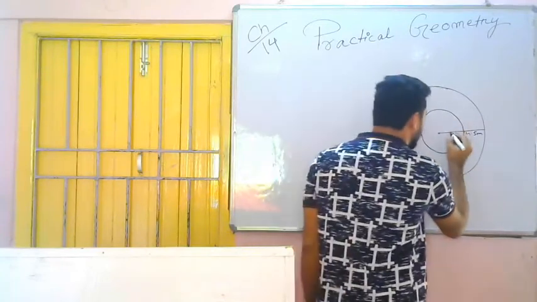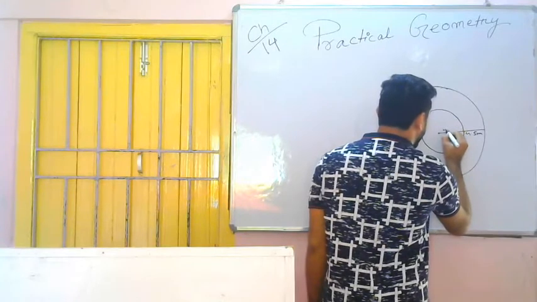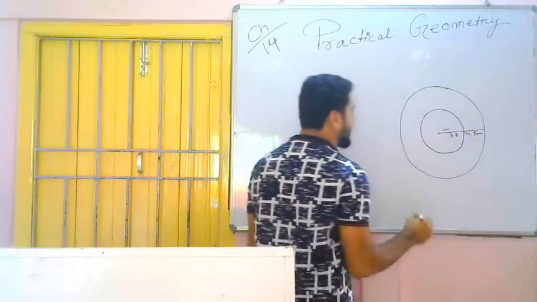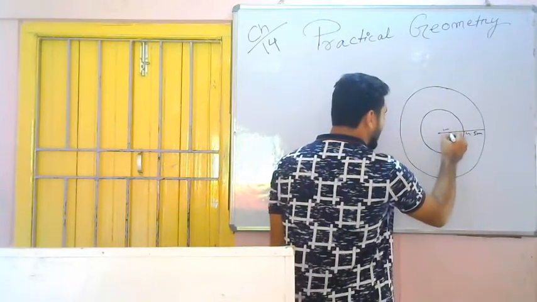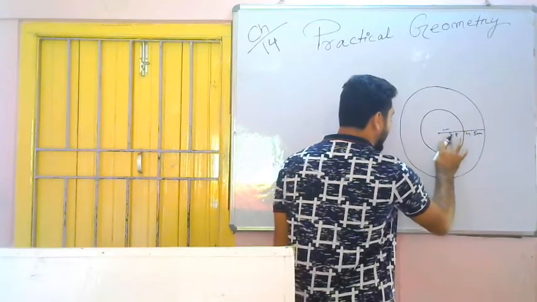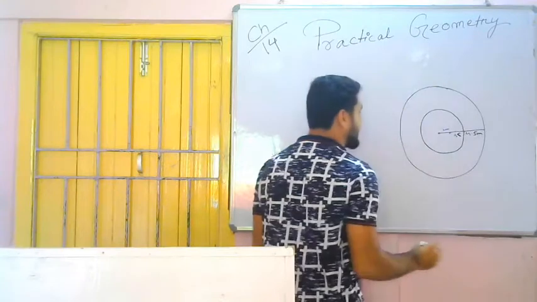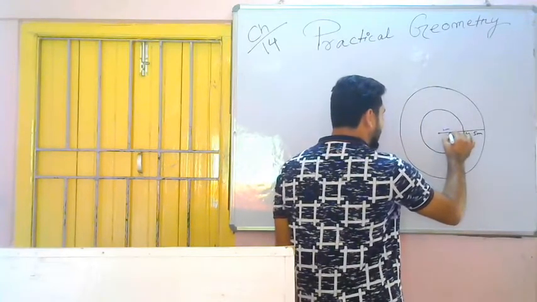Suppose this is 3 centimeter, this is 3.8. So again you draw a circle with radius 3 centimeter. You do it in your copy with the compass.